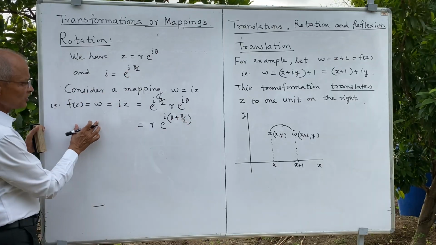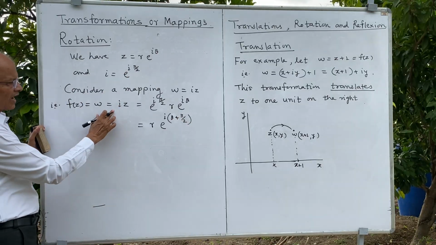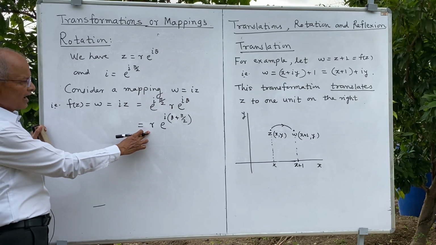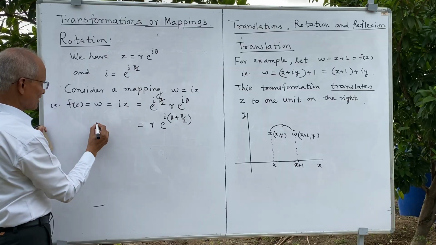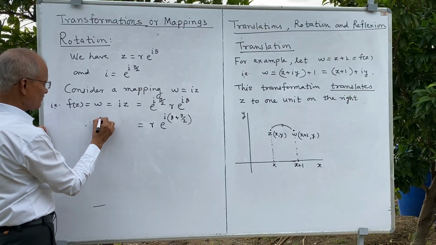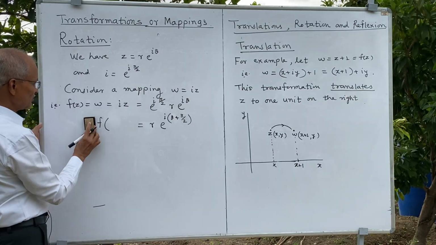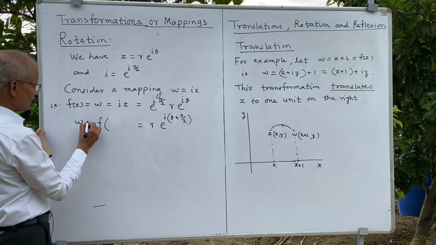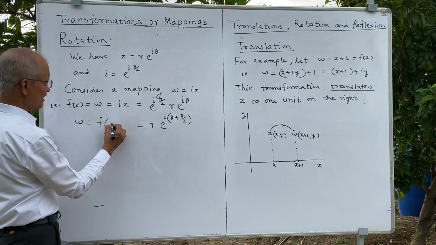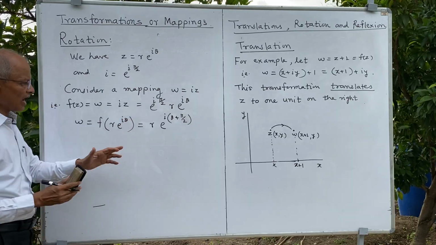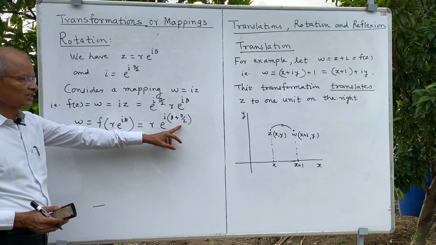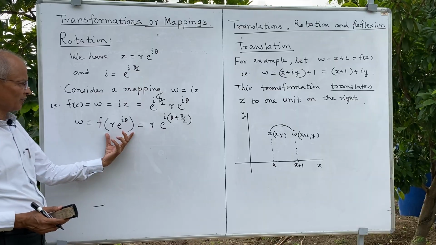So w is equal to f of r e power i theta, which is equal to r e power i into theta plus pi by 2.